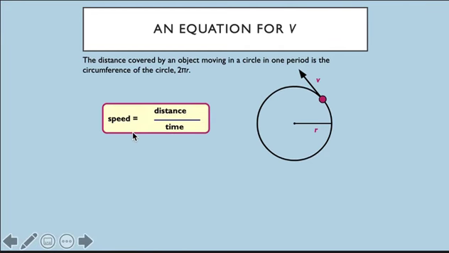We also know that speed is distance divided by time, and so our velocity would be the distance 2 pi r divided by the time, and in this case the time is the period, capital T.